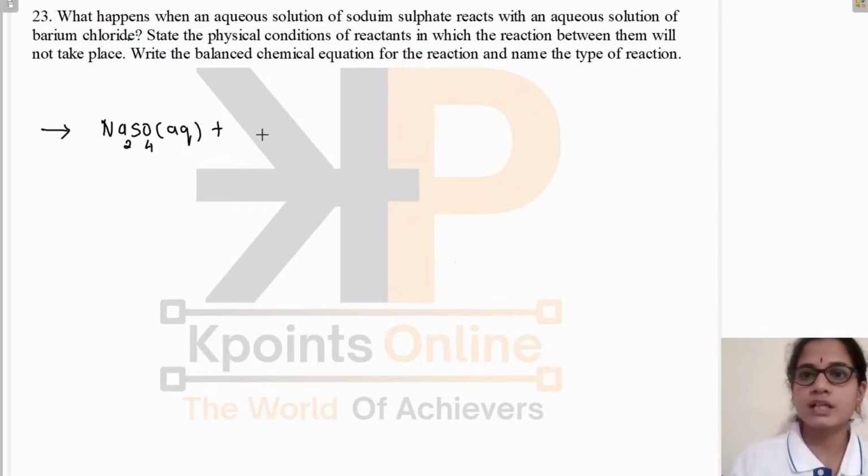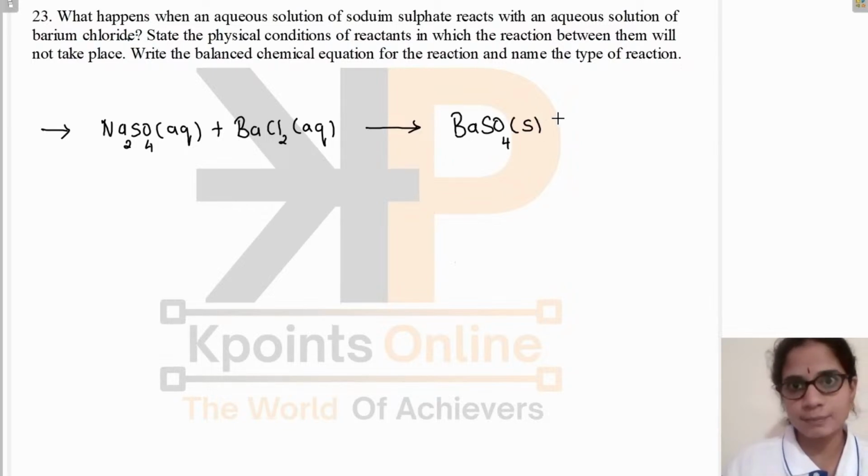It reacts with aqueous solution of barium chloride. There is an exchange of ions that takes place to form barium sulfate. It is a precipitate formed in the reaction, so I have written S for this. Then sodium chloride.